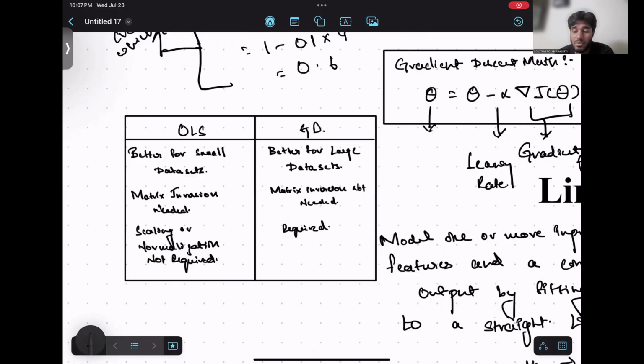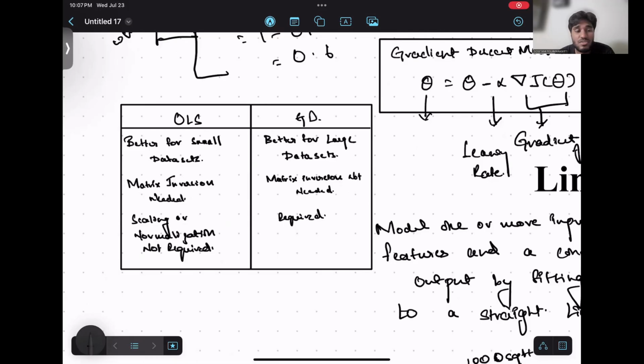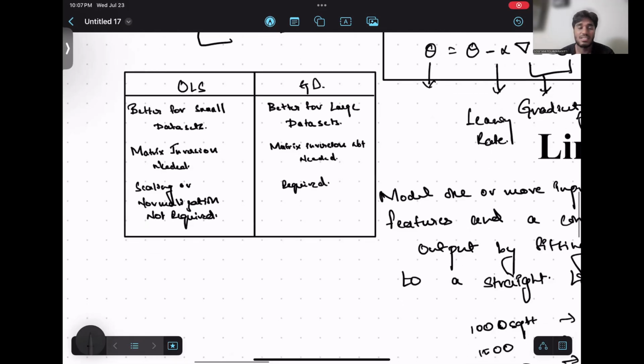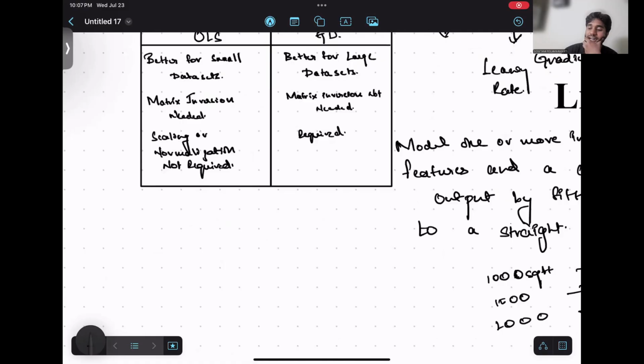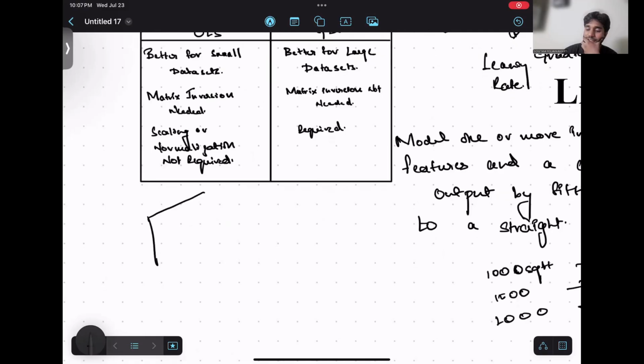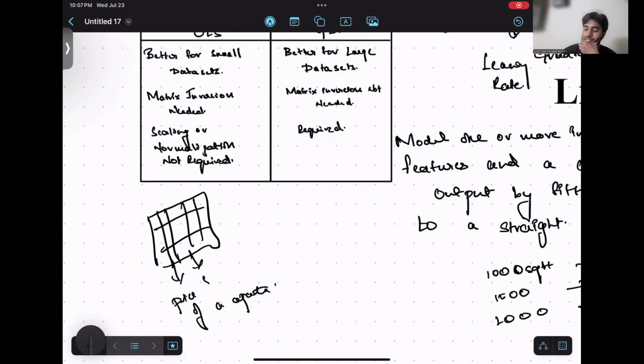But in OLS, we don't require scaling. But in gradient descent, we do require scaling. Scaling or normalization means that, suppose we have features like this, and the first feature denotes the price of an apartment. The second feature denotes the number of balconies.